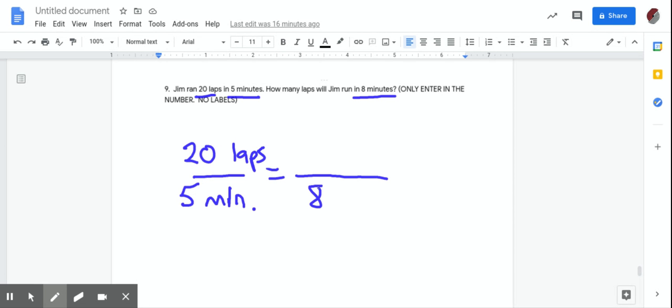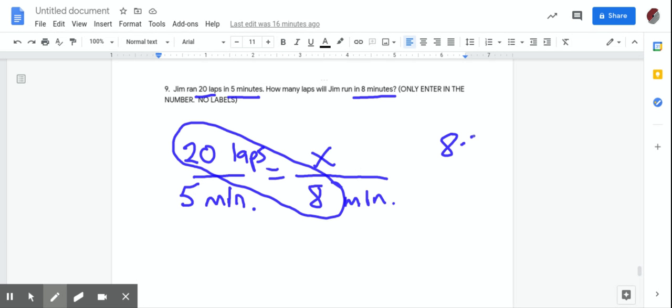And so I'm going to make sure that if my minutes is in my denominator in the first fraction, it has to be in the denominator of the second fraction. And we want to know how many laps Jim would run. So I'm going to label that with x. So I'm going to solve this with cross products. So I'm going to go 8 times 20, and I'm going to set that equal to 5 times x.